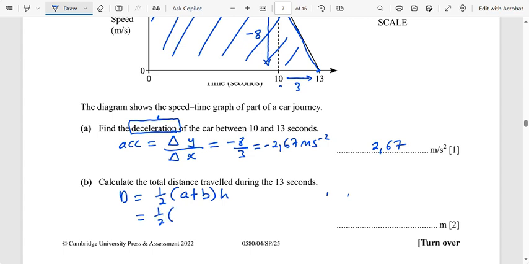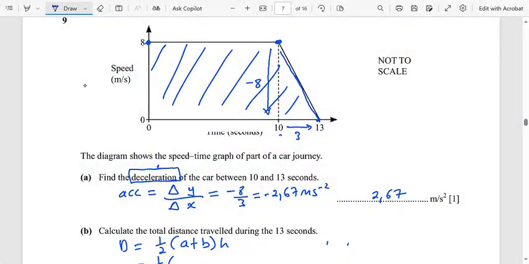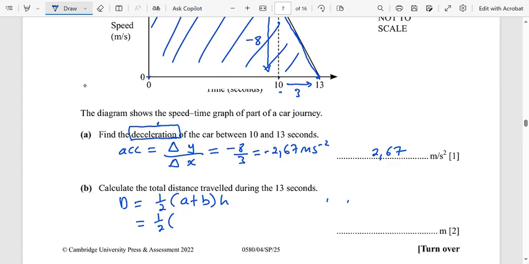The first parallel side runs from 0 to 10, so that's 10. The other side runs from 0 to 13, which is 13. Then the perpendicular height is 8.